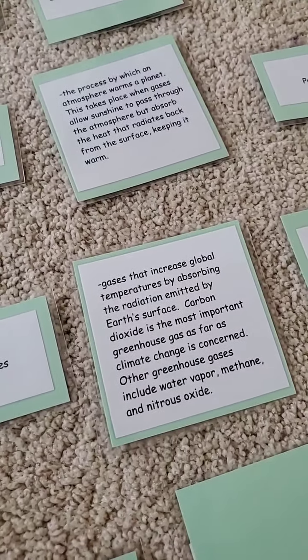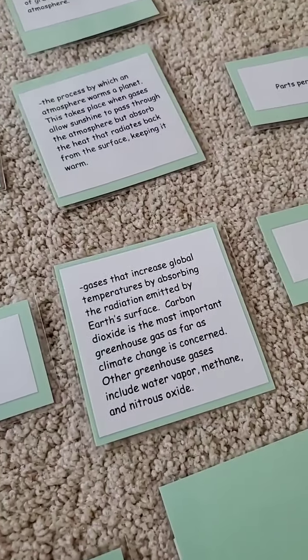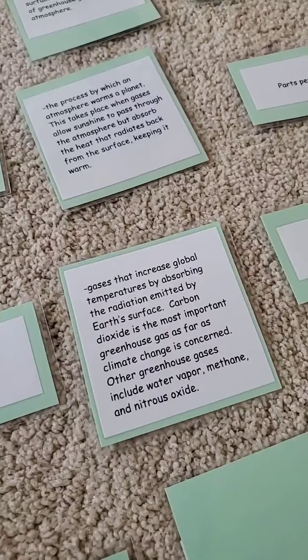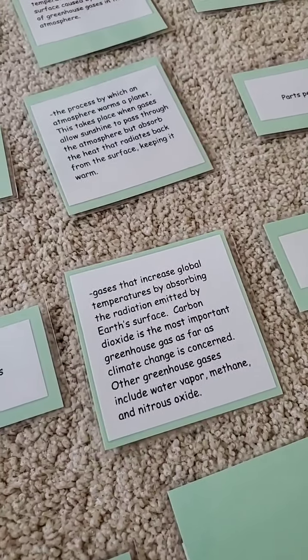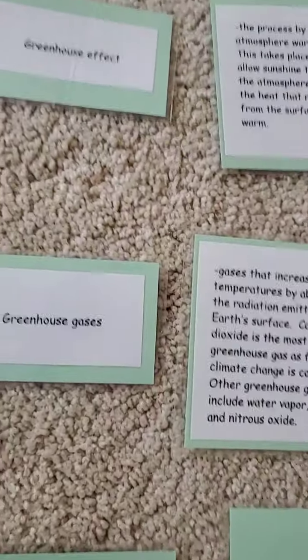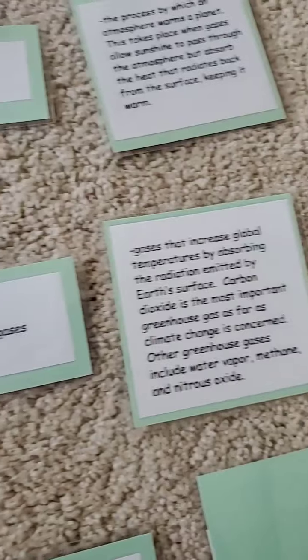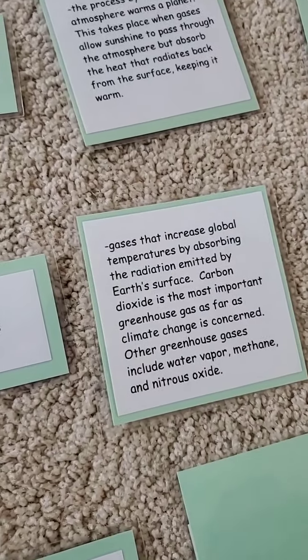Carbon dioxide is the most important greenhouse gas as far as climate change is concerned. Other greenhouse gases include water vapor, methane, and nitrous oxide. So there are many greenhouse gases, and like they said, the most important one is carbon dioxide.